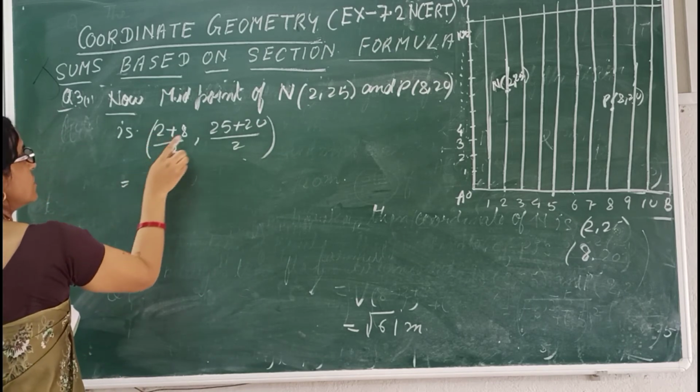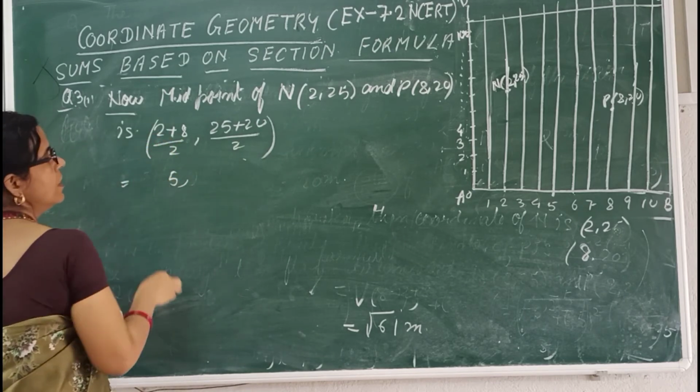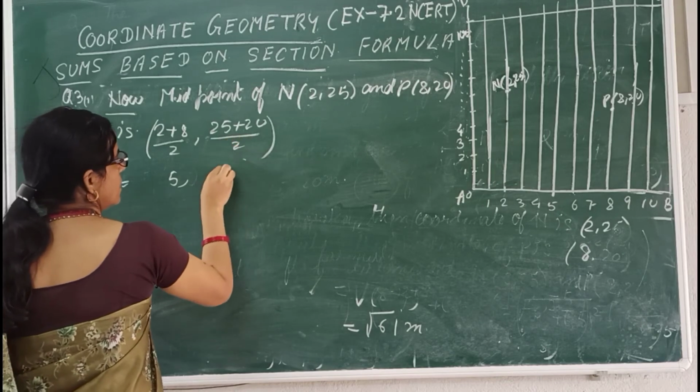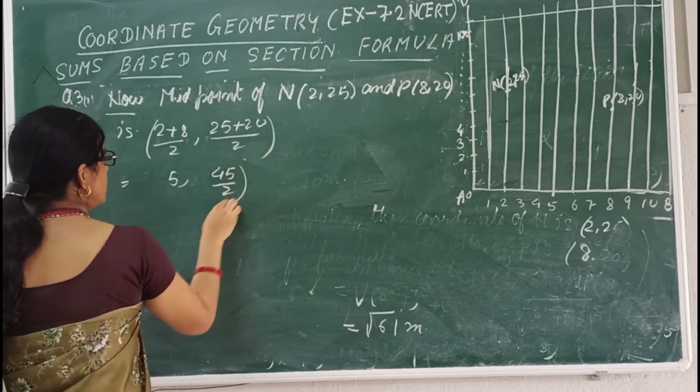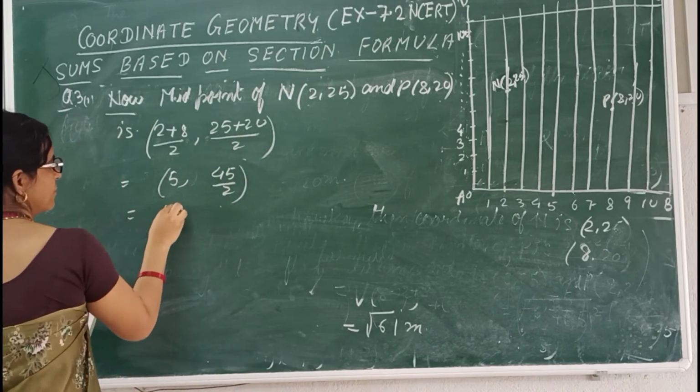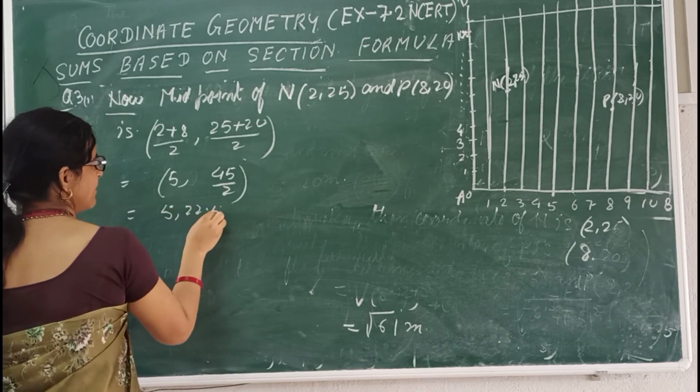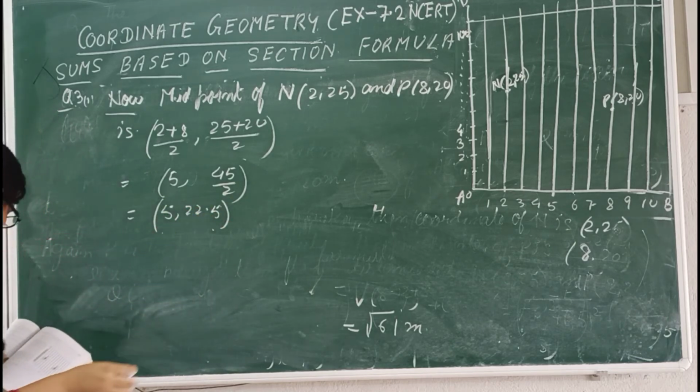So this will be equal to 10 by 2, that is 5, and over here 45 by 2, that is 22.5. So the point is 5 comma 22.5. Now what is the question saying?